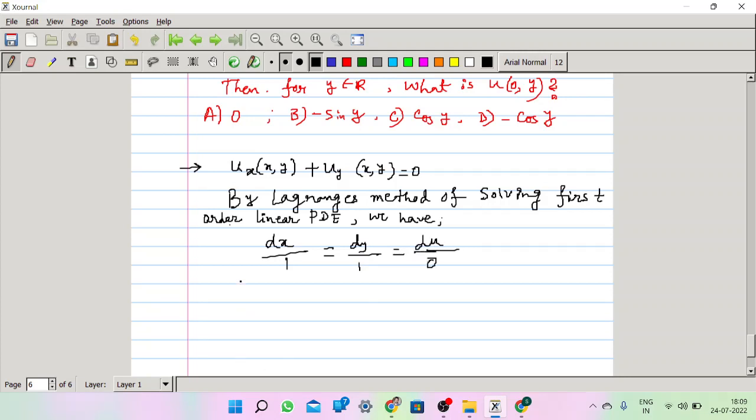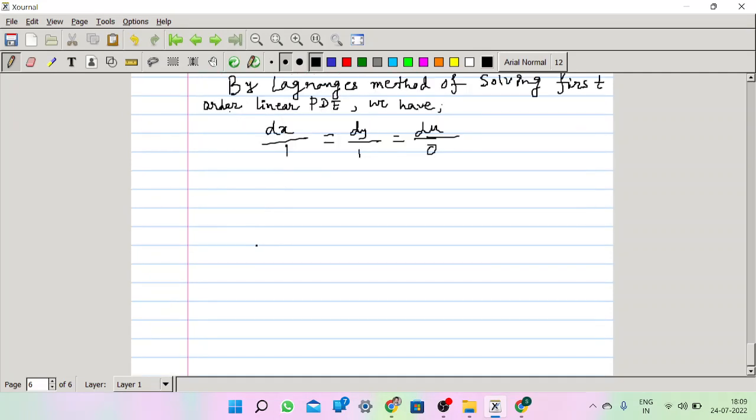So now I will compare these three ratios to get two functional equations. Then I will conclude the resulting u as functionally dependent on the other one. Suppose I consider the first two ratios.